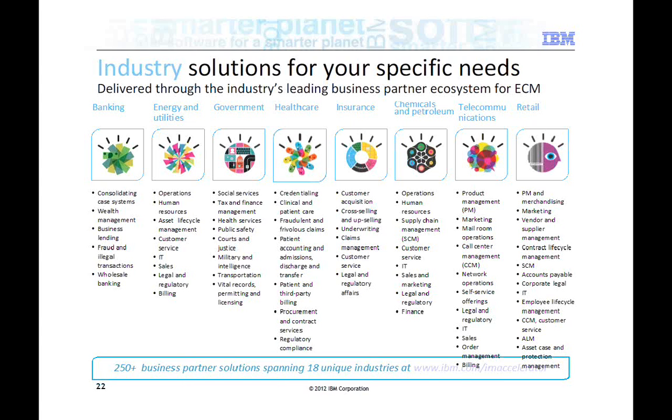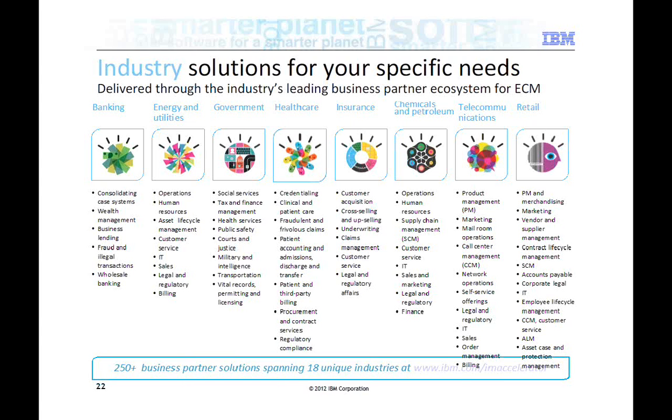So applying ECM to vertical applications in banking, healthcare, insurance, retail, pharma, there are many different use cases and business processes in which content management, lifecycle governance, social content management, etc. provide incredible value and return on investment.